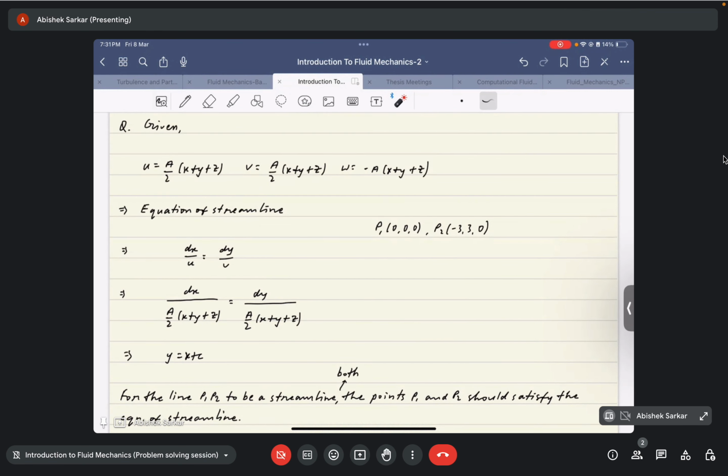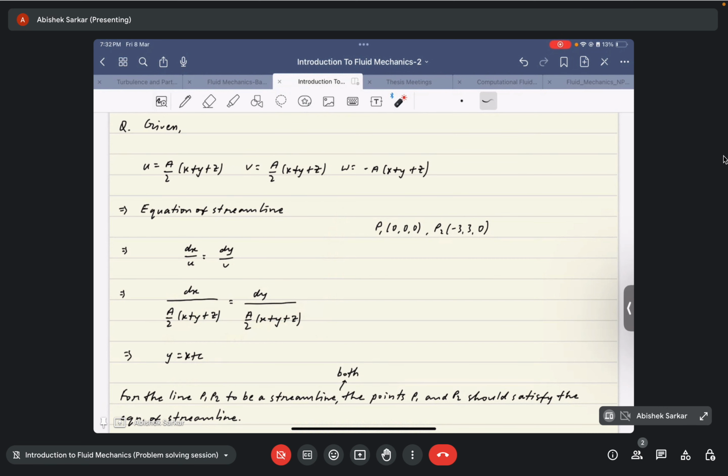Okay, so if we simplify this expression by substituting the value of u and v, we will get that y is equal to x plus c. Okay, so just take a few moments to see how we derive the equation, then we can go forward. So again, once you look forward, you will see that both of these terms will get cancelled out.